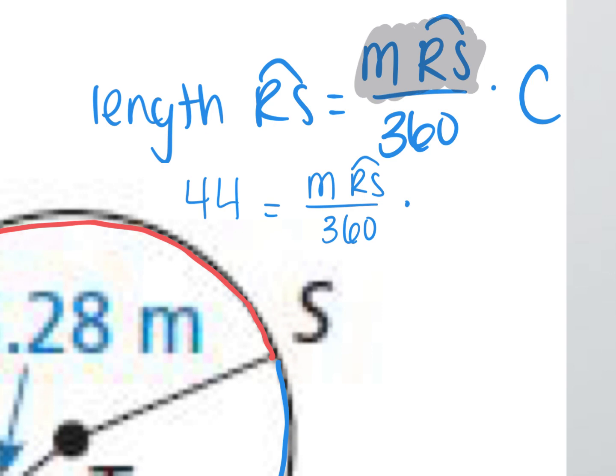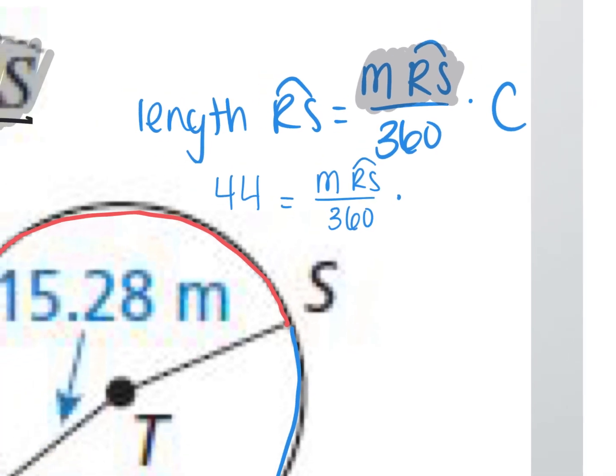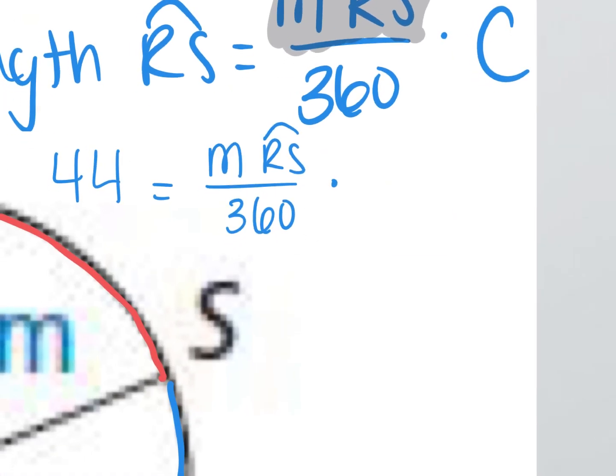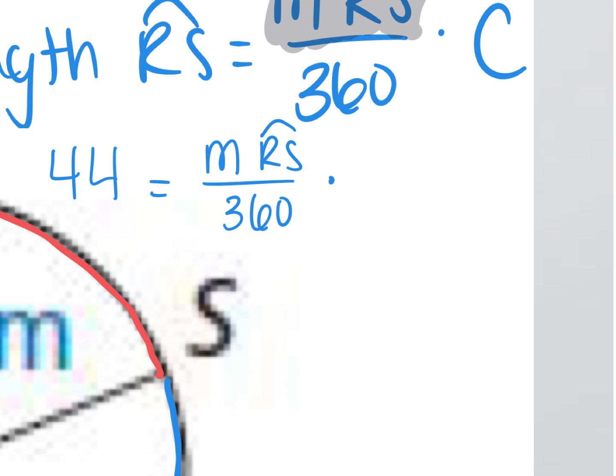We can know it. How? We have the radius. Very good. What is the measure of the radius? 15.28. So what is the formula for circumference in terms of radius? 2 pi times the radius. Very good. And in this case, we know the radius was 15 point, what was the other? 28.